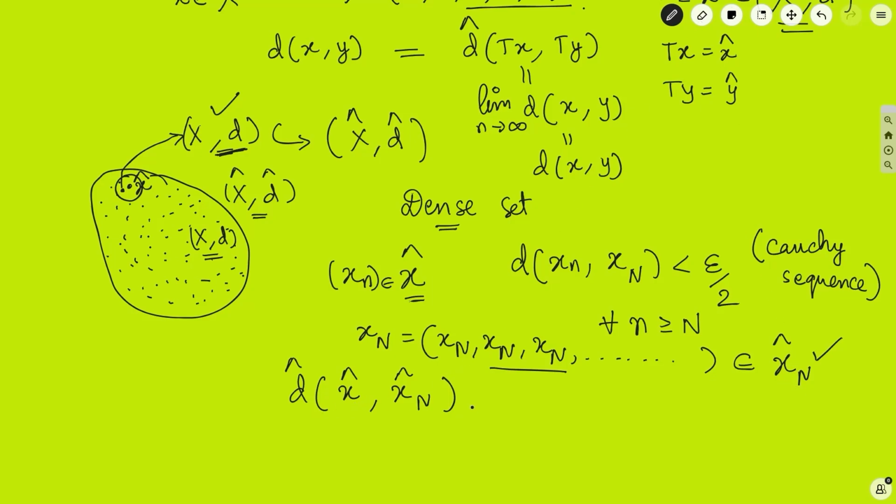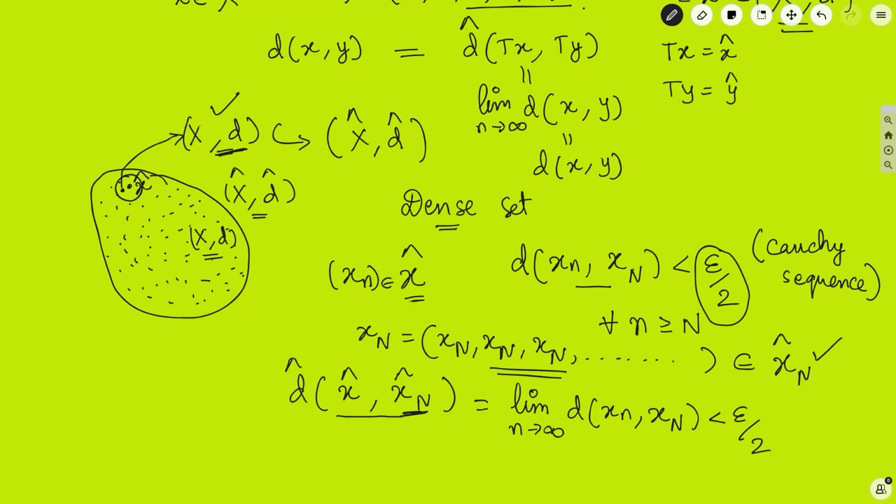So the distance between these two equivalence classes is nothing but the limit, as n tends to infinity, of the distance between x_n and this sequence, where everything is the same, x_N. If we calculate the limit, the way we created it, it is less than epsilon by 2. Even if you take the limits, it's less than epsilon by 2.